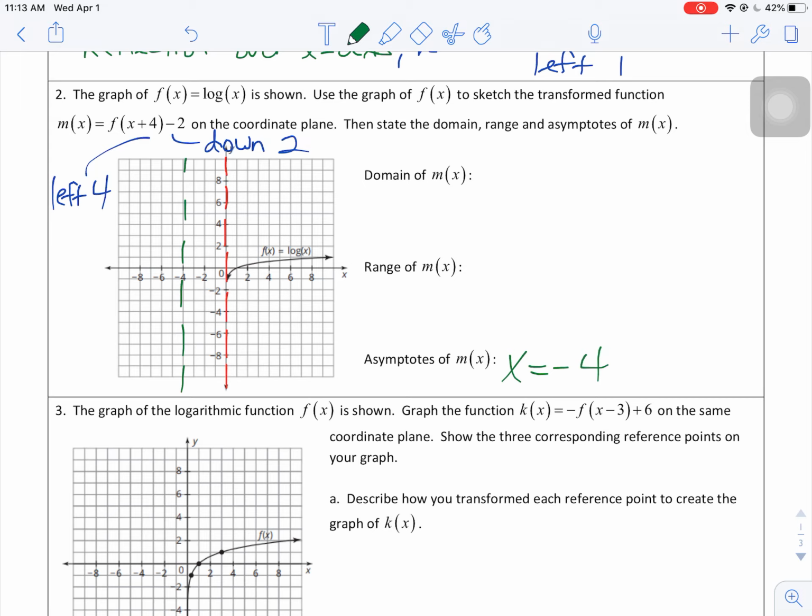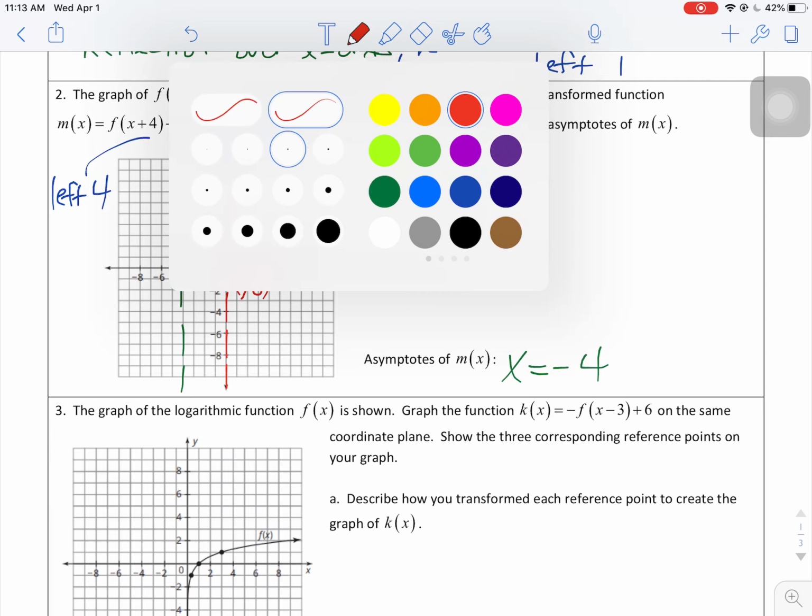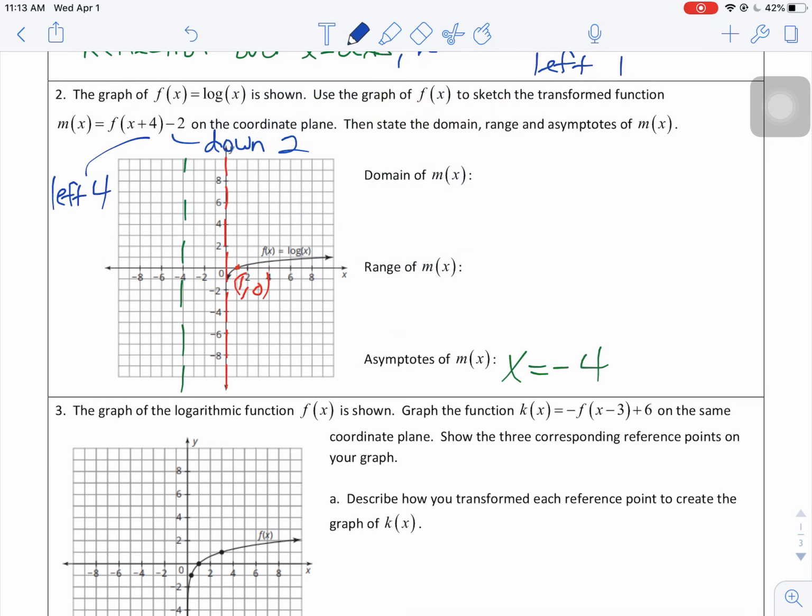As far as actually plotting the points on the new graph, the one point that it's easy to tell where it hits on the original function was 1, 0. So right here where I'm putting that red dot, that's 1, 0. I'm going to take that point and move it left 4 and down 2. So 1, 2, 3, 4 to the left, down 2 would get me right here.